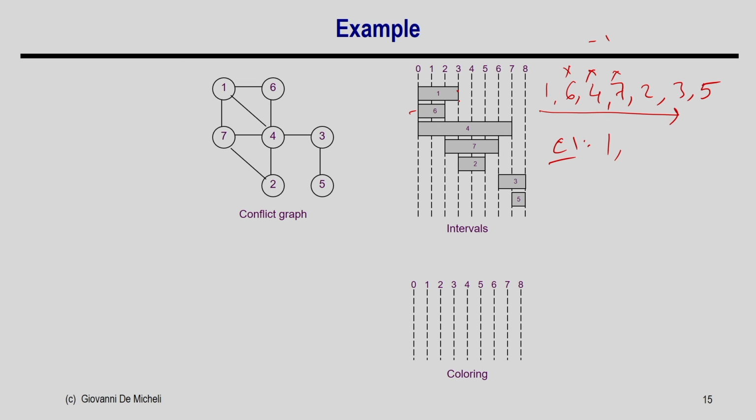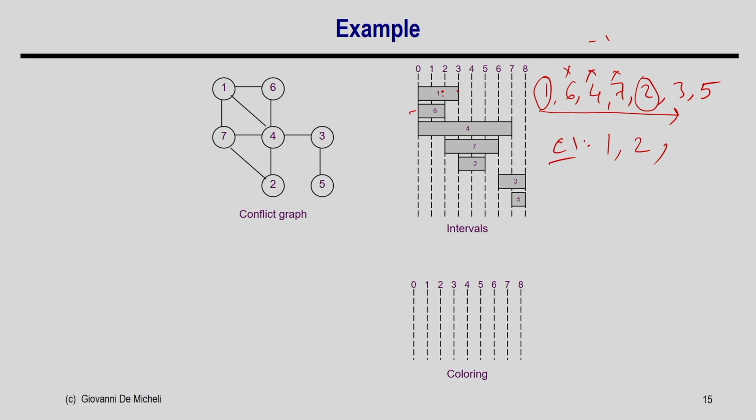But I can select 2 because the left edge of 2 is greater than or equal to the right edge of the previously selected one. So, I have selected 1 and I have selected 2. Once I select 2, I go to the next one, which is 3, and I can select 3 because the left edge of 3 is greater than or equal to the right edge of 2.